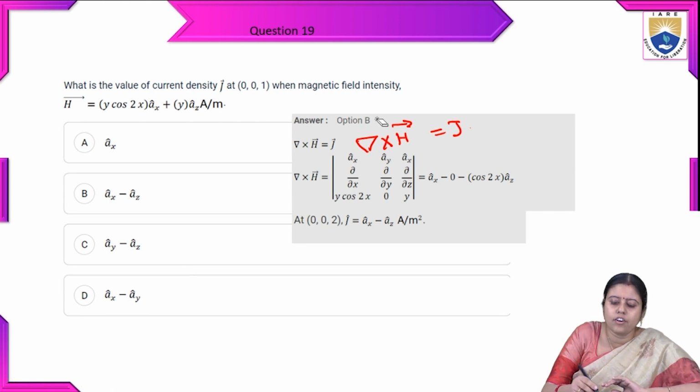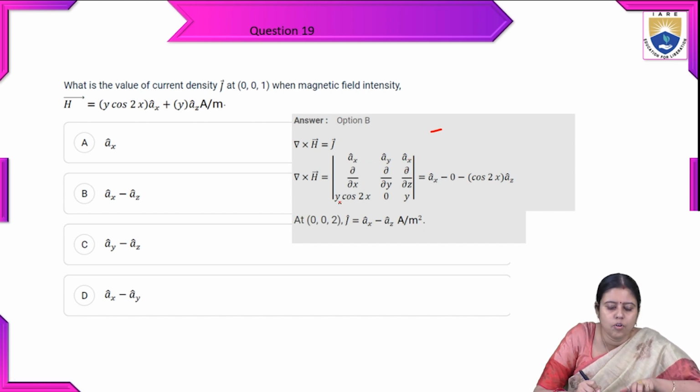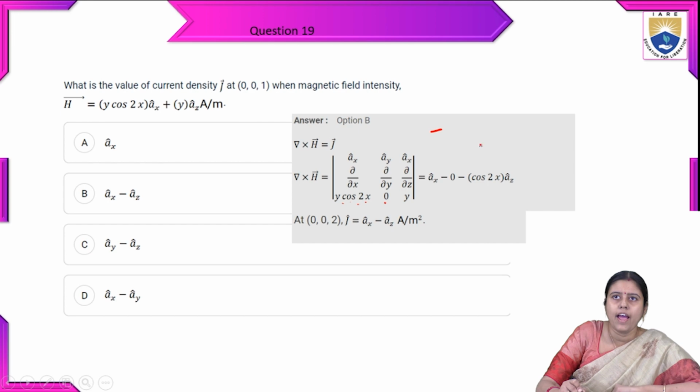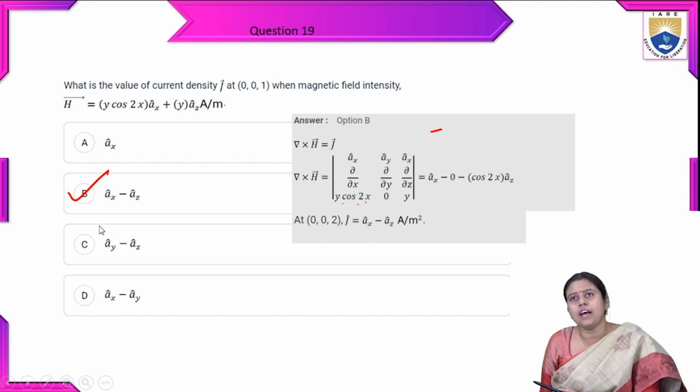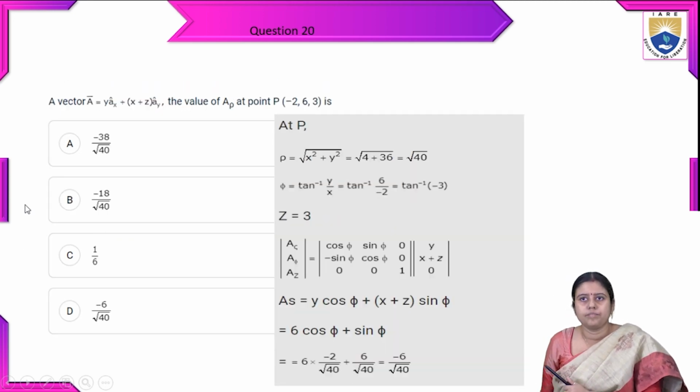So again curl of H is equal to J, and expanding del by del x, del by del y, del by del z, with y cos 2x, there is no ay component, and z, and if we put the values we will get ax minus az. So answer B is the correct answer.